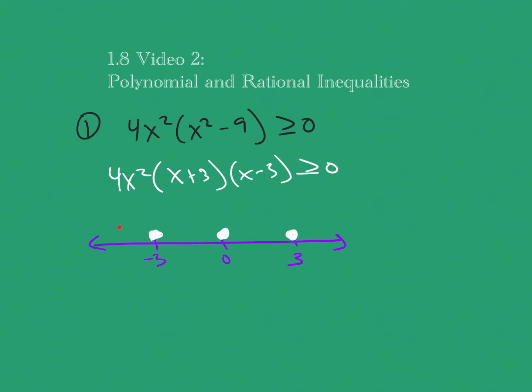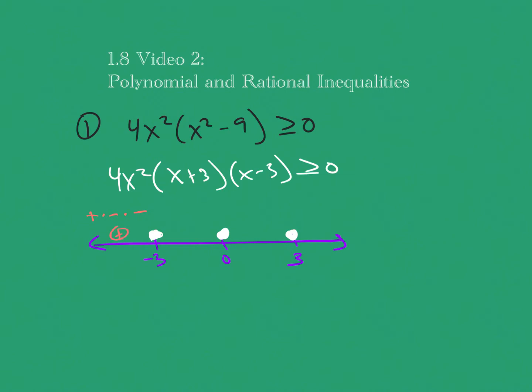Let's start with a number smaller than -3, like -10 or -100. That's going to give me positive, when I square x squared, times negative times negative. That's a positive value.